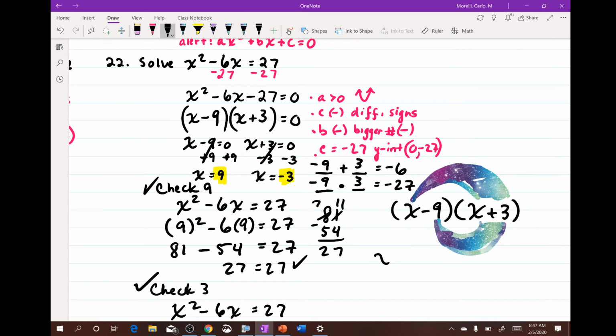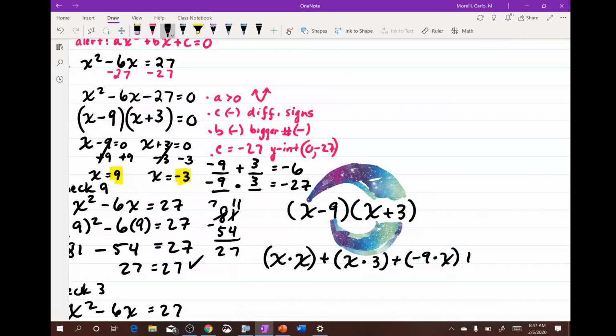First, x times x, plus outer, which is x times 3, plus inner, which is negative 9 times x, plus last, which is negative 9 times 3. So that's x squared plus 3x minus 9x minus 27.